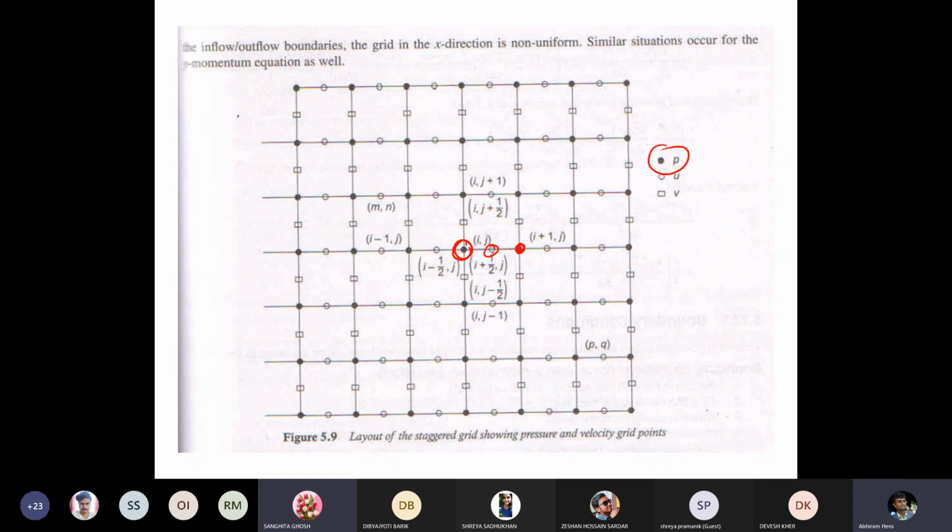At this i plus half position I will store u, and for the v component we will consider this one. So this is the v component. This is the staggered grid, so the values related to this are one set of values: u here, v here, and p here. The position of the face is denoted by i plus half, comma j, or i, j plus half, where u and v will be stored.